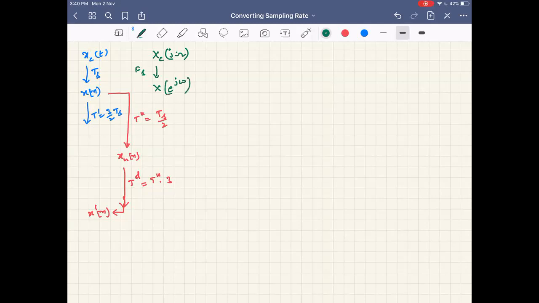Let us start our discussion from X(e^j omega). Then you have applied upsampling, the sampling frequency now becomes 2 times Fs, and you get X_u(e^j omega). Assume that we have taken care of interpolation and so on.